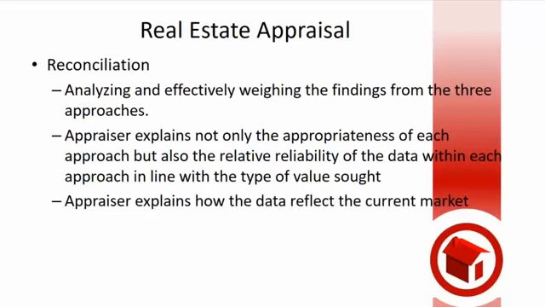You add those up, you get a value of 118. Bada bing, he's done. There is no math problem on the test about reconciliation. What I want you to understand is reconciliation is where he takes the probability of each one of those happening and then figures that value times that percentage.